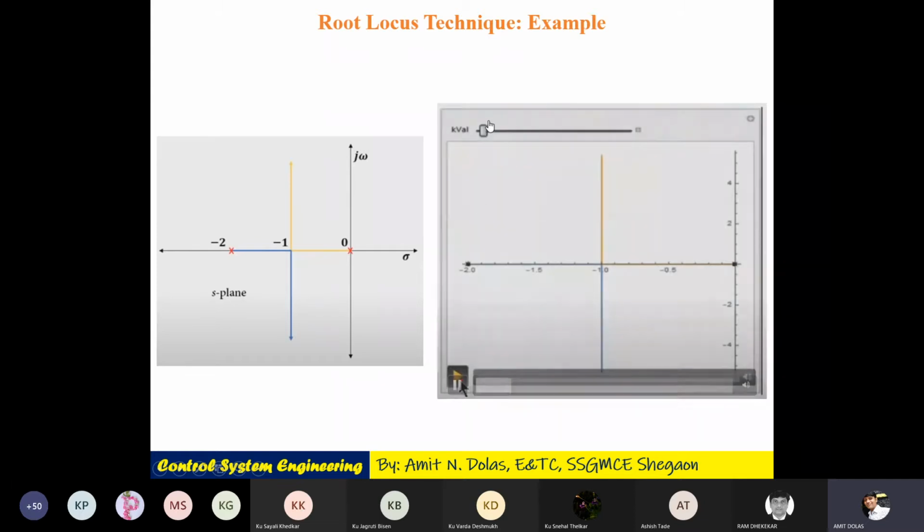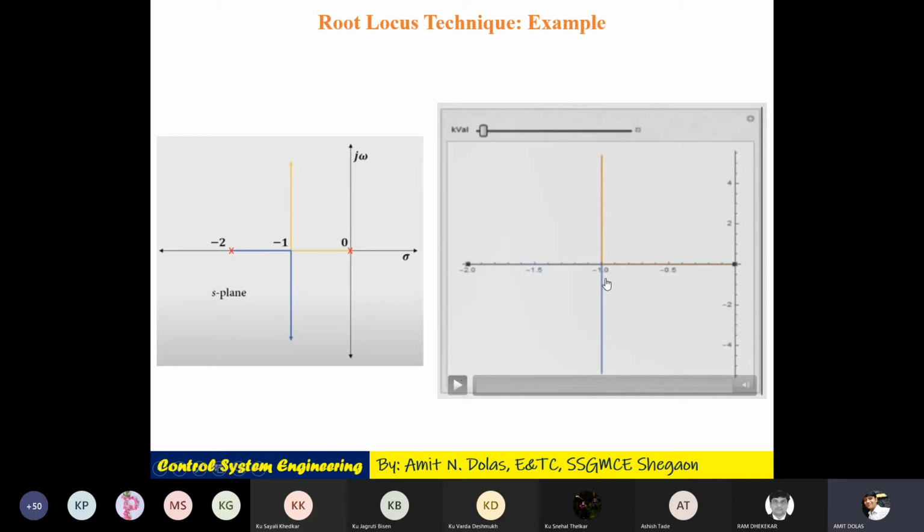It is somewhat fast. On the top you can see the variation in k value. There is one pointer above. The k value is varying. Accordingly your poles move: the -2 वाला pole इधर आ रहा है, 0 वाला pole left की तरफ आ रहा है, and then the -2 pole goes down and the 0 pole goes up.